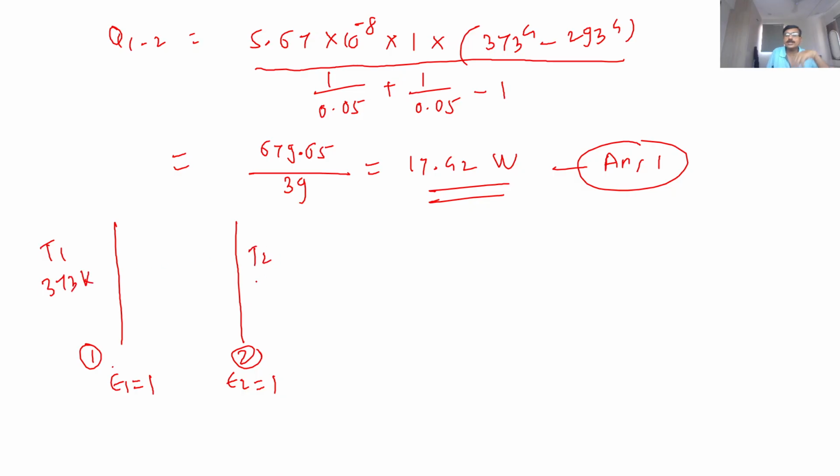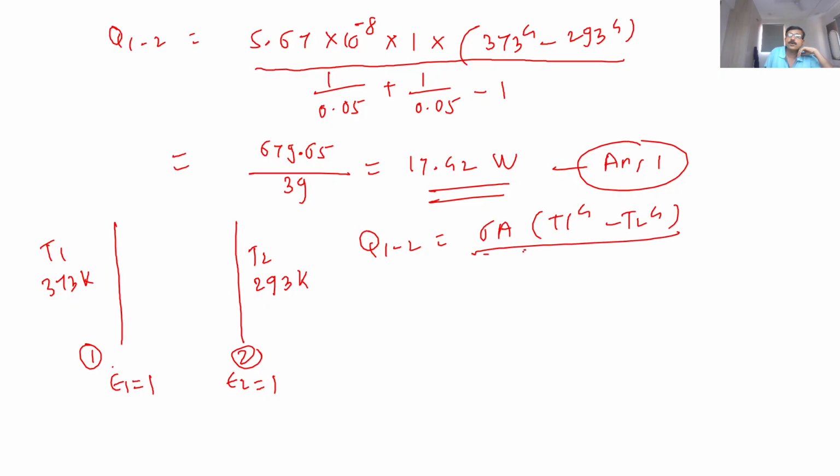And T2 is 293 Kelvin. Solve the problem again. What is the formula? Q1-2 equals sigma A (T1 raised to 4 minus T2 raised to 4) upon (1 upon epsilon 1 plus 1 upon epsilon 2 minus 1). This is the formula used for radiation heat exchange between two flat parallel surfaces.